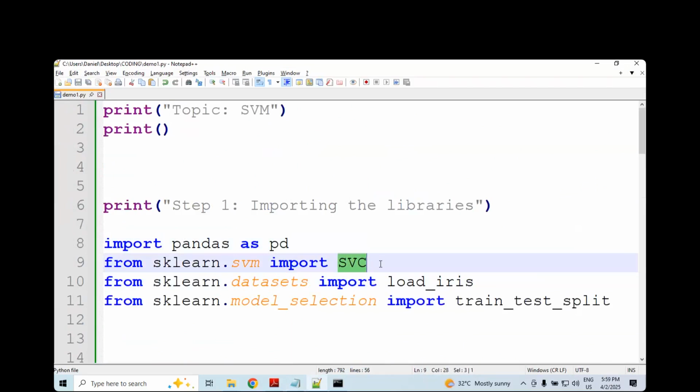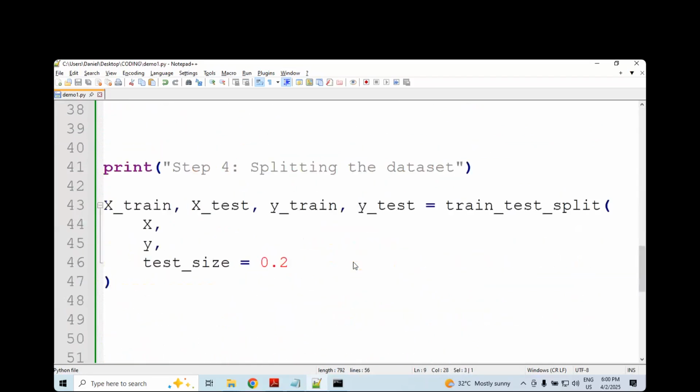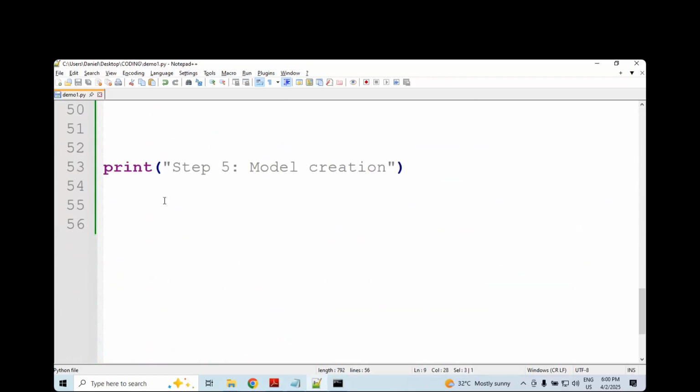He followed the shortest notation; otherwise he would have to write support vector classifier. Inside SVM, SVC is available. Sir, SVM means support vector machine. SVC means support vector classifier. SVR means support vector regressor. Make a note. These are all small things. You should know by this time.